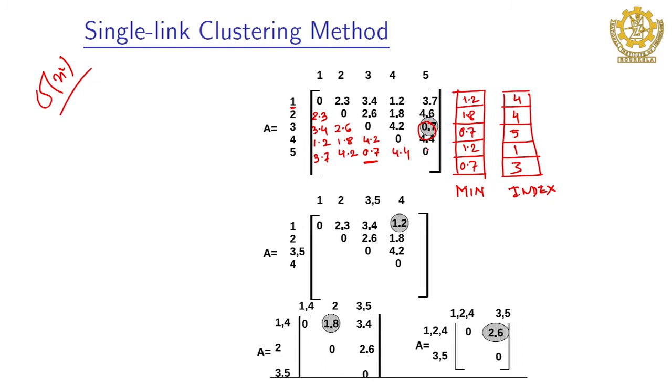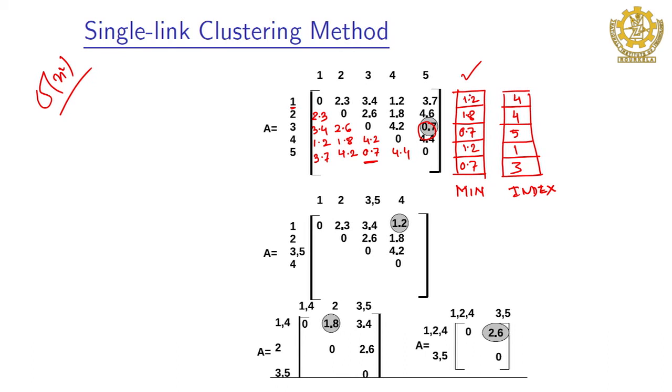So, you search n square number of points. Now, in this technique, instead of searching in the matrix, we will search this array. This array size is not n square, this array size is n. So, therefore, searching time will be reduced from n square to n.